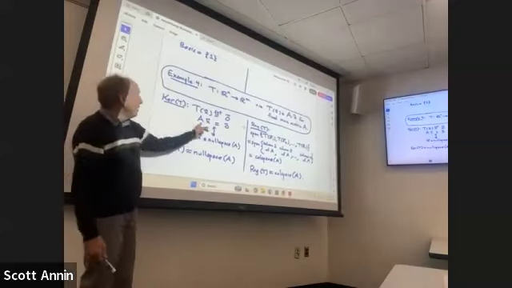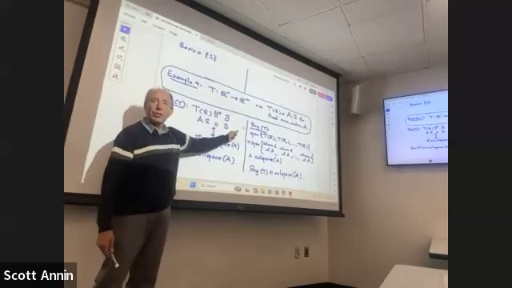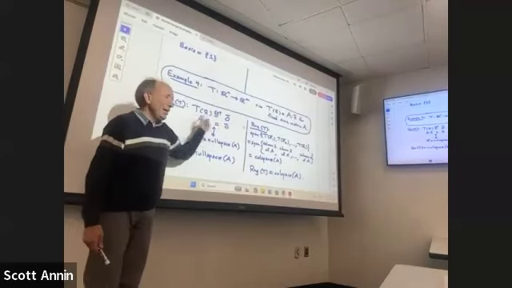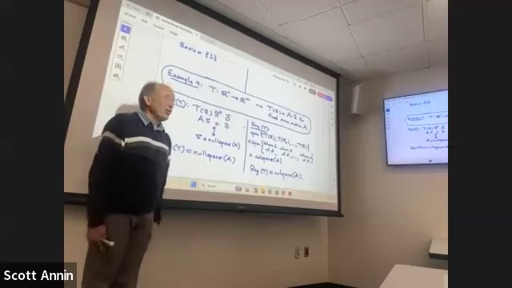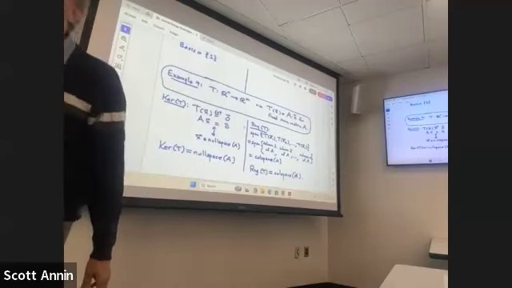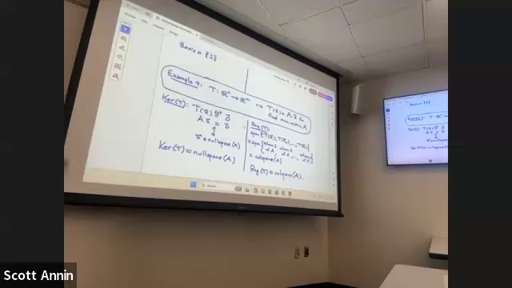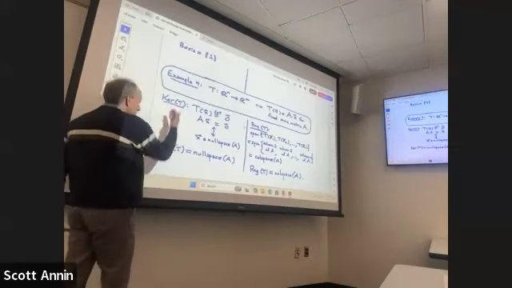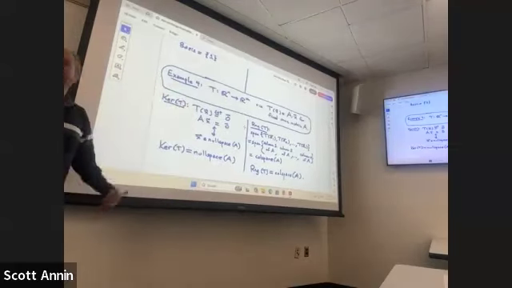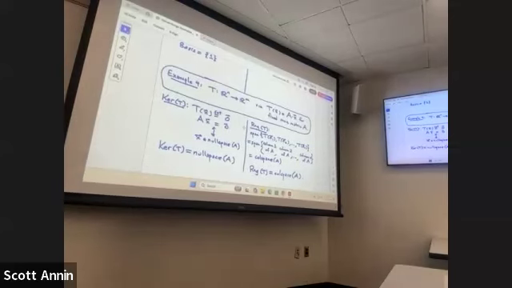Because you're just setting A times x equal to 0, which is literally the null space equation. So that should look pretty familiar from how we described what the null space is. The kernel of T is exactly the same thing as the null space of the matrix that's creating this transformation.